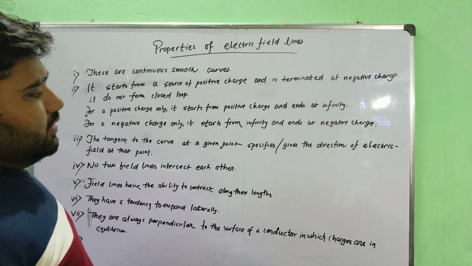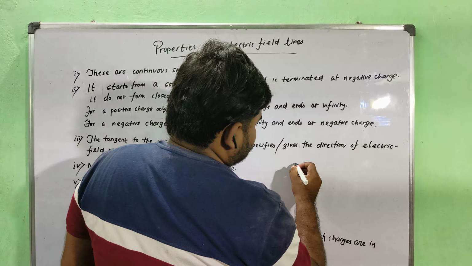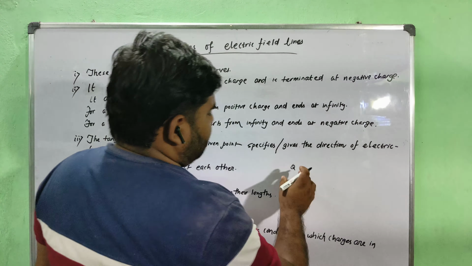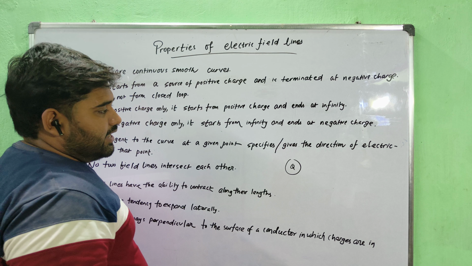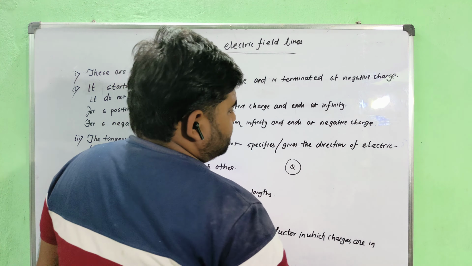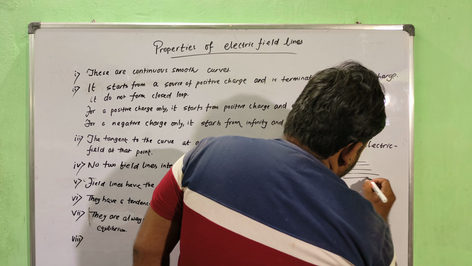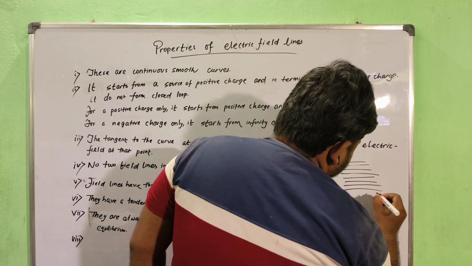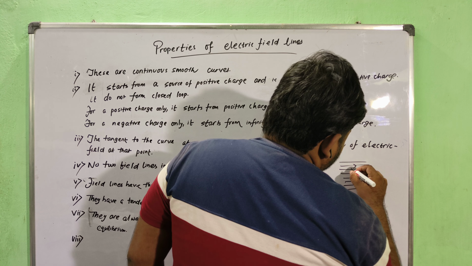Let me just do a diagram here. Like this is a charge, okay? We are observing its electric field at a far distance. So these electric fields are like this. They are parallel to each other.